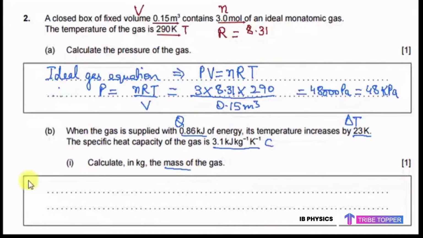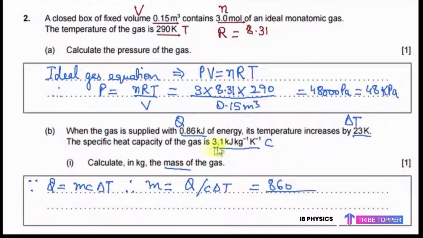Now we are given all these 3 parameters and you have to calculate in kilogram the mass of the gas. Now we will use the equation Q is equal to mc times delta T, therefore m would be equal to, rearranging the terms, Q upon c delta T. Now just plug in the values of Q. It's 0.86 kilojoules, so we want the answer in SI units, so you will write this as 860 joules upon c, that is also 3.1 kilojoules.